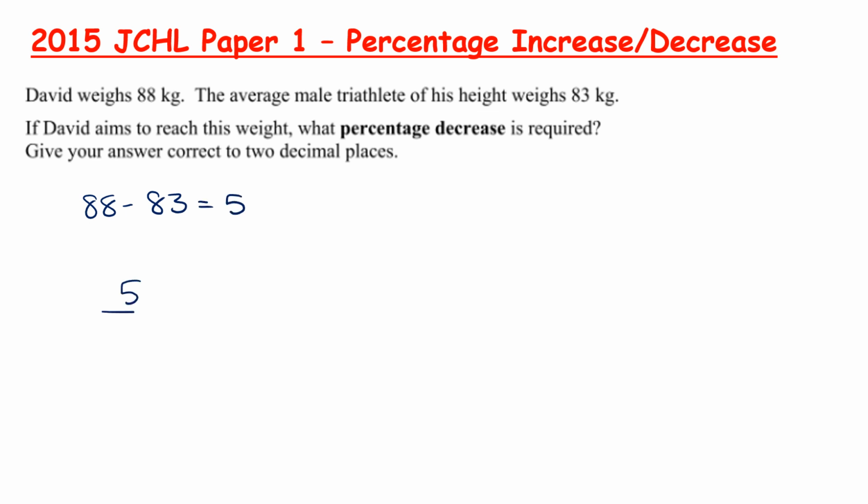We then put 5 over, and this is where it gets tricky. You know you need to make a fraction, you're going to put 5 over something, but are you going to put it over the 88 or the 83? Remember, we always put it over the original, so David's original weight, what he weighs now, is 88, and then we multiply that by 100, and when we do that, we're going to be rounding our percentage correct to 2 decimal places.